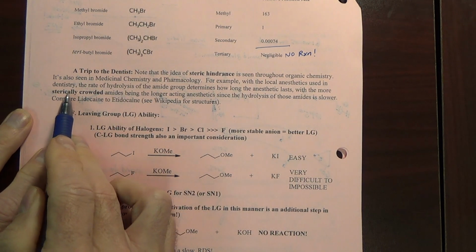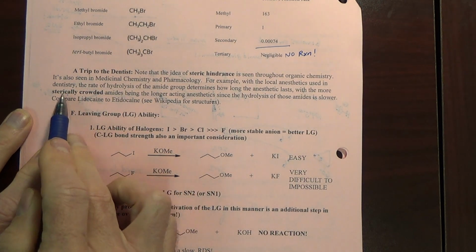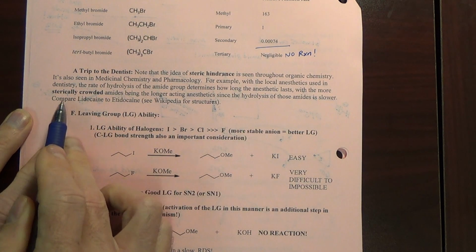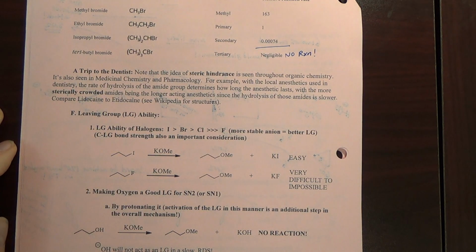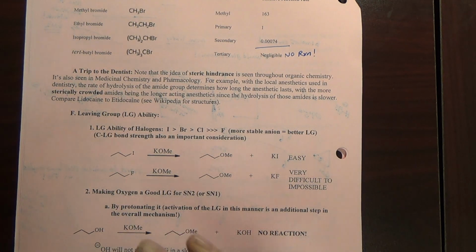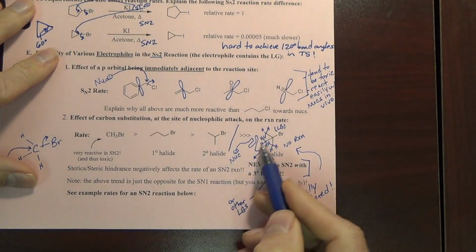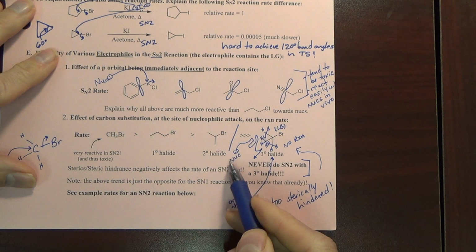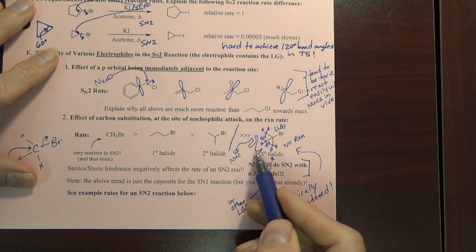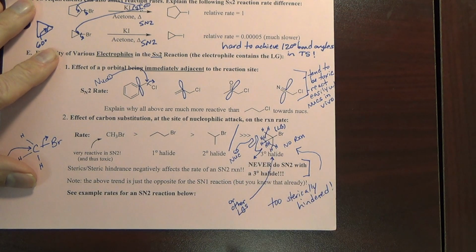And thus it turns out that the more sterically hindered anesthetics are the ones that act the longest. Again, because it slows down the metabolism. Sterics slows down the reaction because of crowding. And with crowding, the groups just can't come together as readily the way they need to in the mechanism.